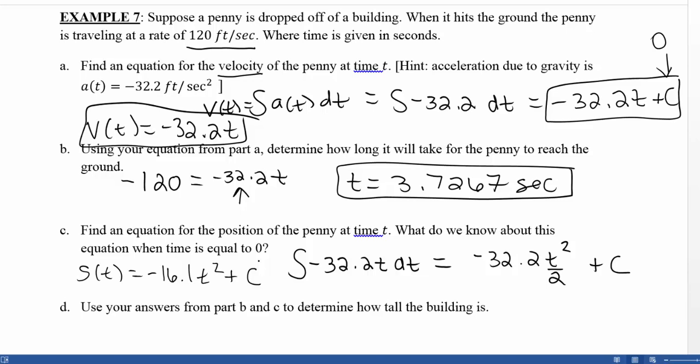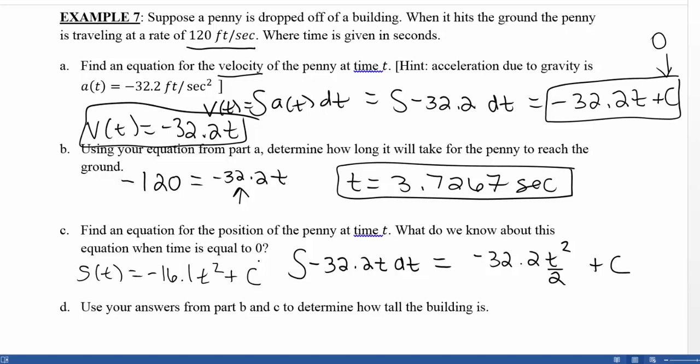When time is equal to 0, the position should be the height of the building, because that's how high the penny is in terms of position. So when t equals 0, my function equals c, which means that the plus c is going to represent the height of the building.